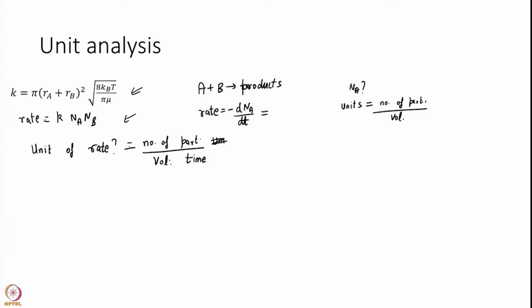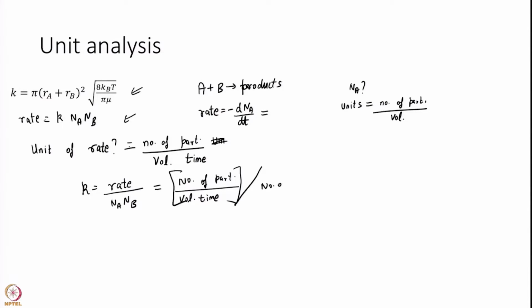So far so good. So, k is rate divided by Na Nb. So, this will be number of particles divided by volume into time, divided by number of particles squared divided by volume squared.